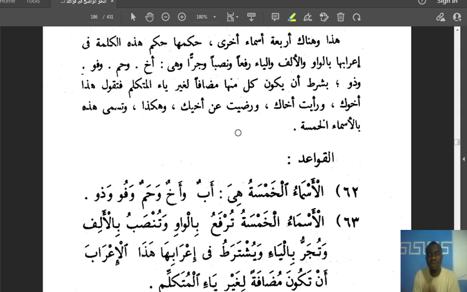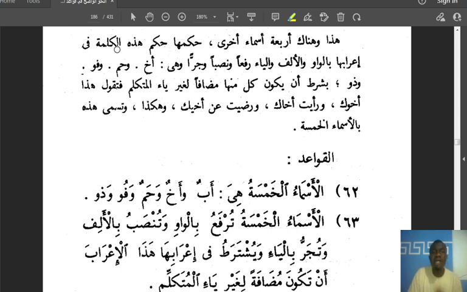So they use the word ab to set the examples, and then they will tell you the other four. That is the system he used. Says this that you've learned, keep it. وهناك أربعة أسماء أخرى, and there are four other nouns.